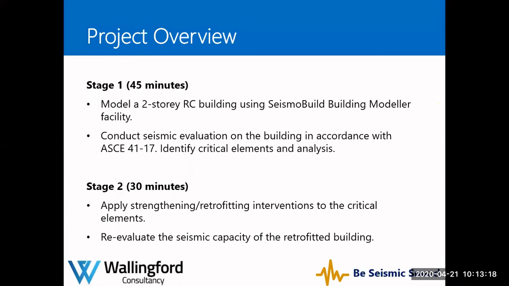Then we apply the results from stage 1 to stage 2. Once we have identified some of the critical elements, we apply strengthening and retrofitting intervention to them, and then reanalyze and reevaluate the seismic capacity of the retrofitted building.